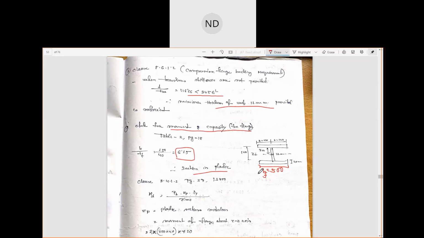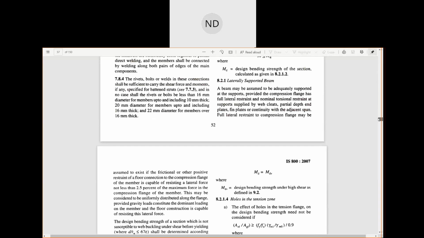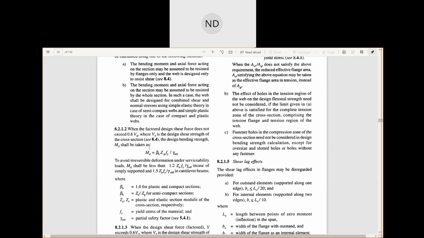Now, for the moment check, see page number 53, clause 8.2.1.2.